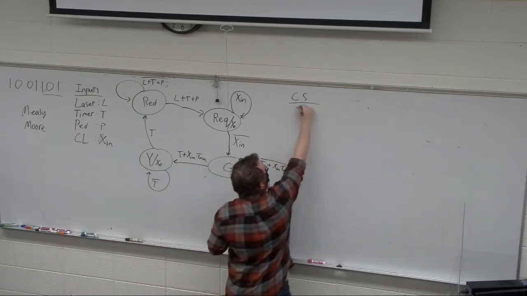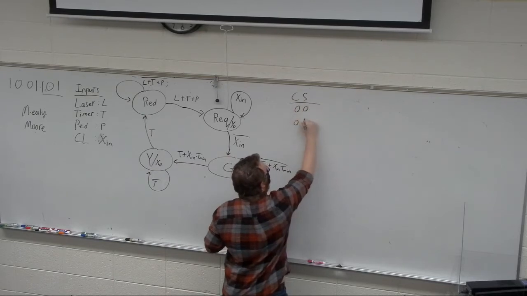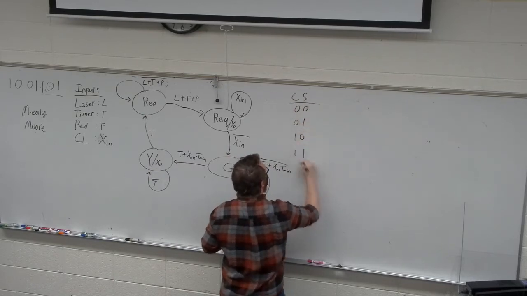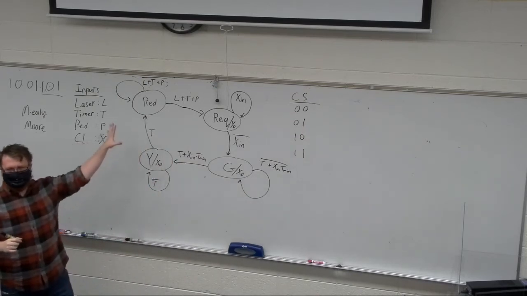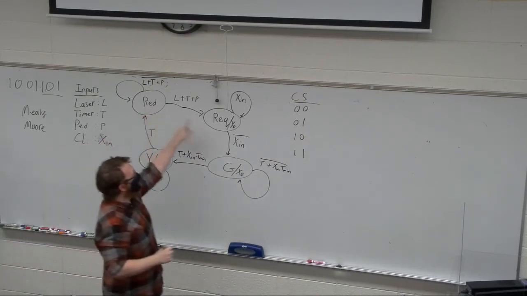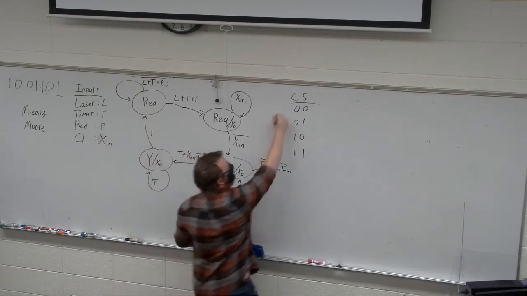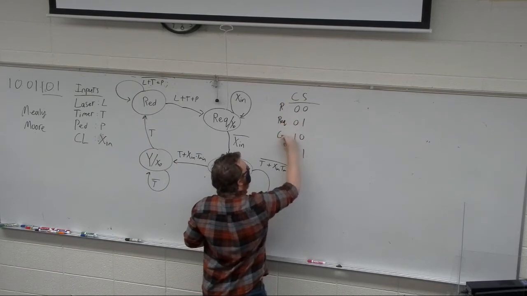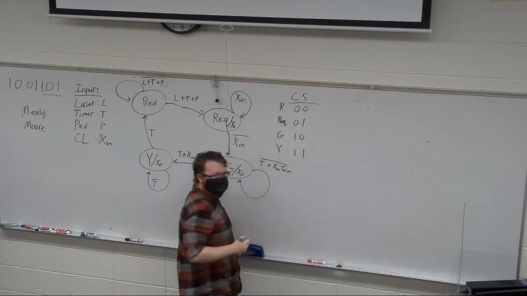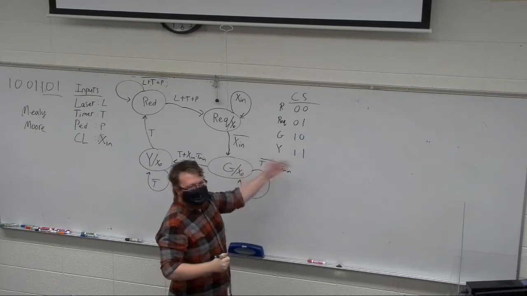So I'm going to have 00, 01, 10, 11. This state table makes it fairly obvious what good numbering is: red, request, green, yellow.